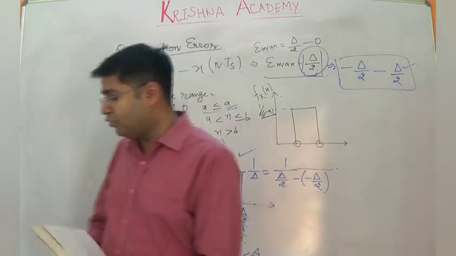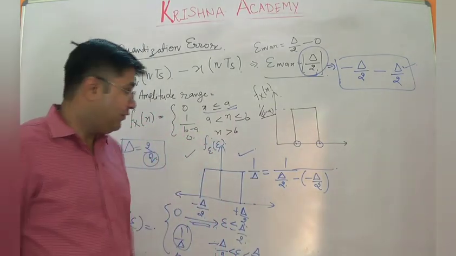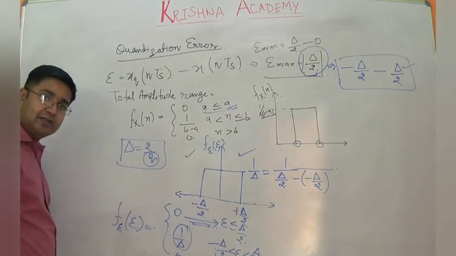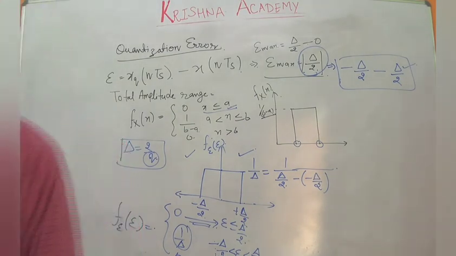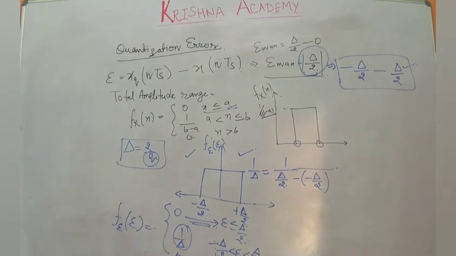So how are we going to calculate an SN ratio? We already know about the quantization level. I will give you a second to just see it. So what are the equations and how are we going to understand those equations?